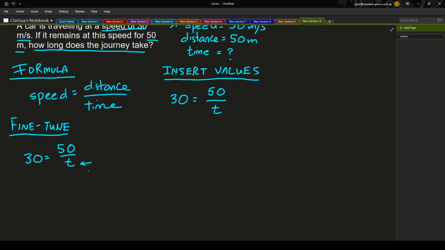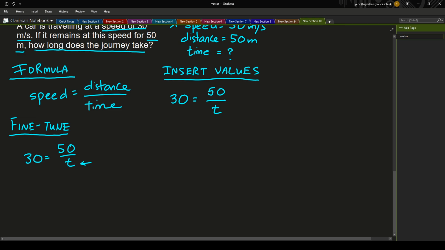When we want to solve for t, we want to bring it to the top. Now remember, if you've been following my conservation and dissipation of energy streams, you'll know that the quick and easy way to rearrange this is to just swap these two values around. So you're left with t equals 50 over 30.